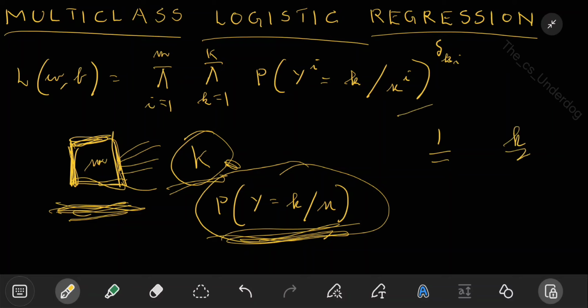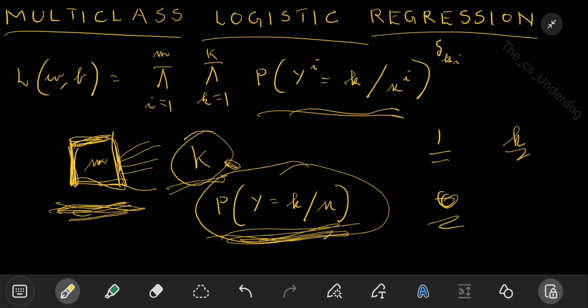And if this ith training example does not belong to the kth class, then it will be 0. Why should it be 0? Because if it does not belong to the kth class, then for that particular point, this term is invalid. So you want to make this 0.